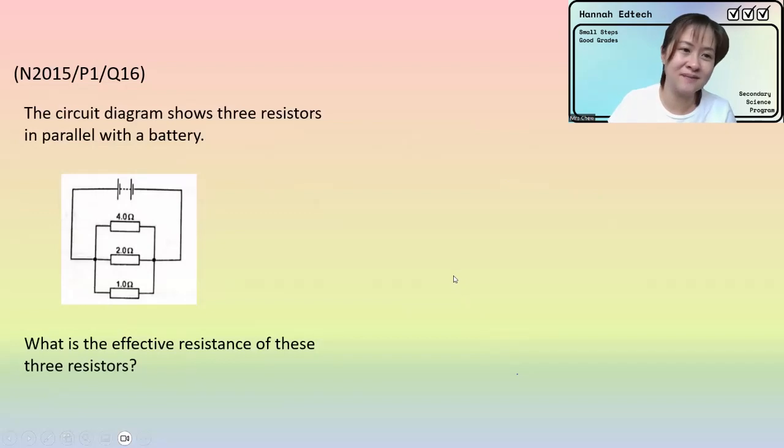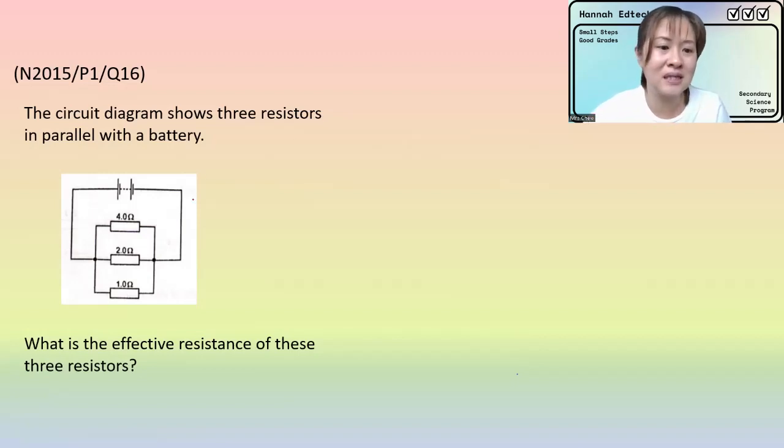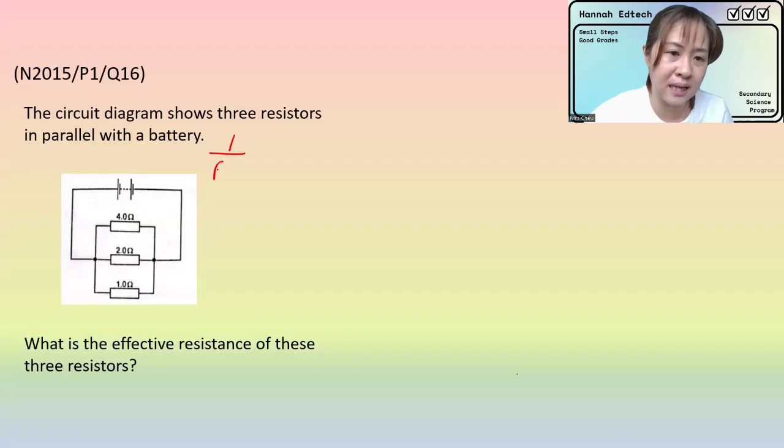The next question. The circuit diagram shows 3 resistors in parallel with a battery. What is the effective resistance of these 3 resistors? Now, effective resistance is total resistance, okay? So, total resistance across these 3 resistors. Now, in parallel, please know that you have to apply this.